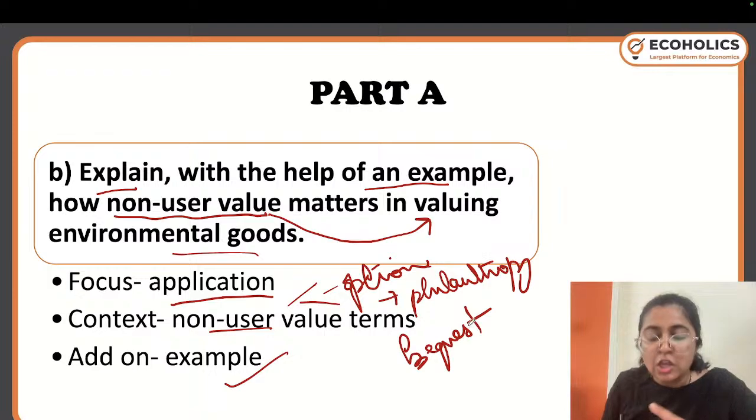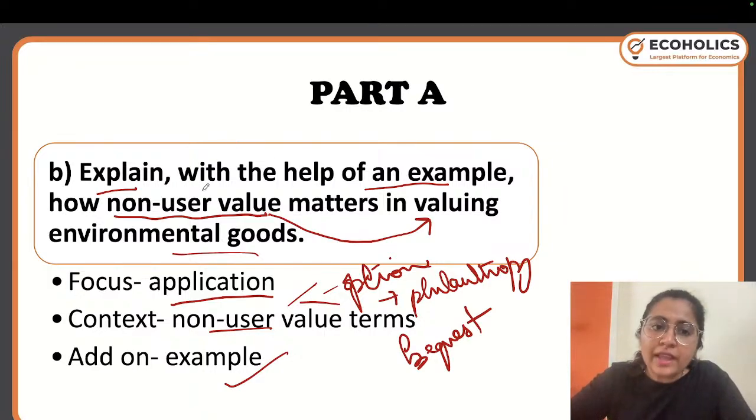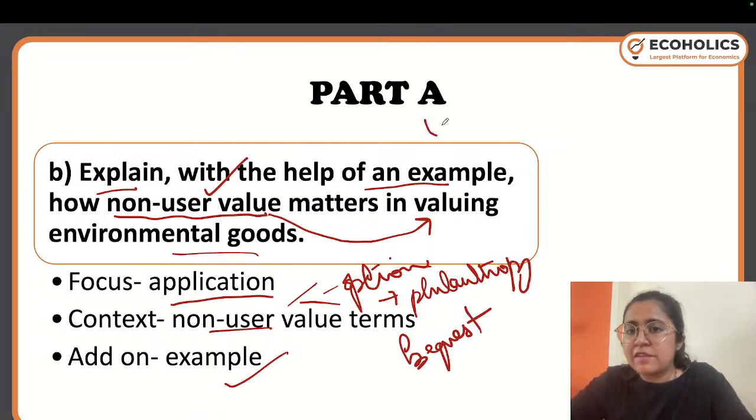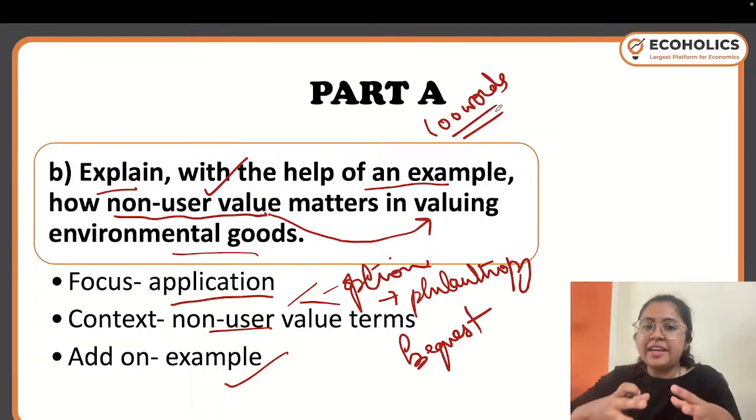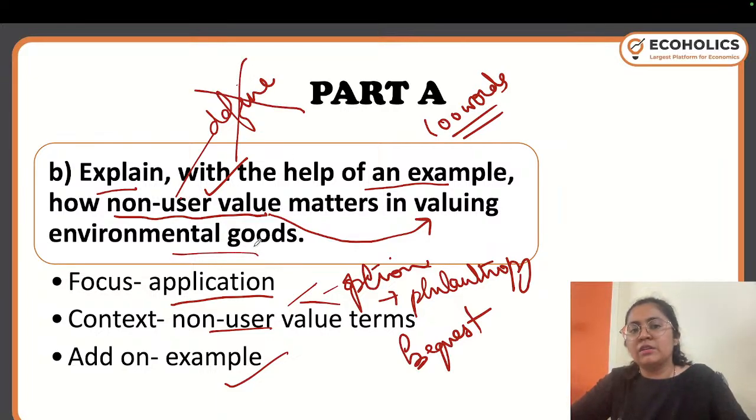bequest. So terminologies are very important, and once you look at a certain theory, you need to identify that I just have 100 words. Let me consolidate my answer through terms and then give the example. I don't need to define non-user value here because they haven't asked for it.